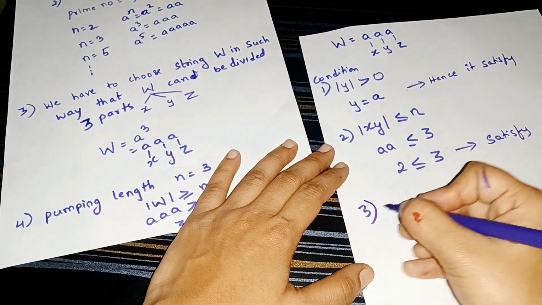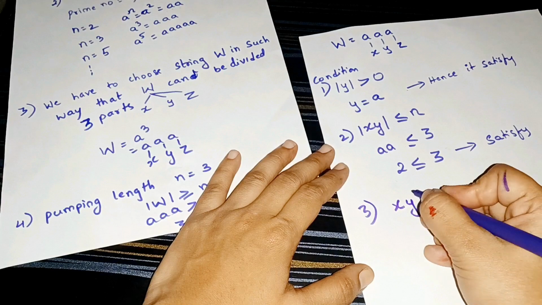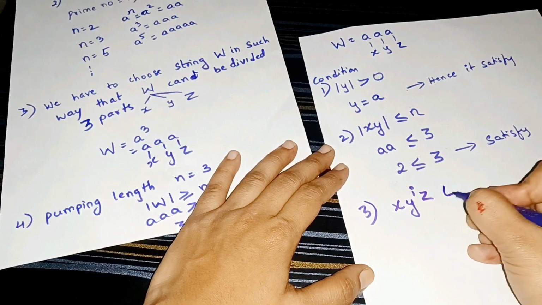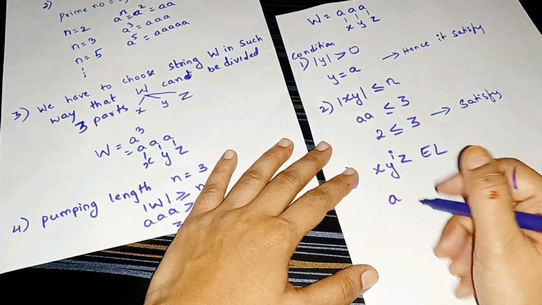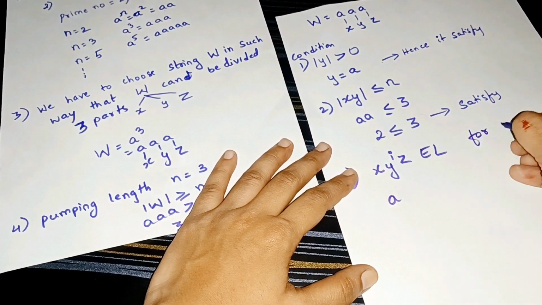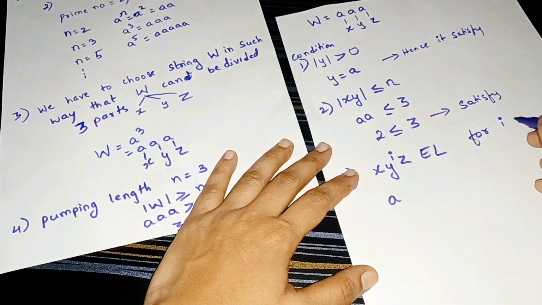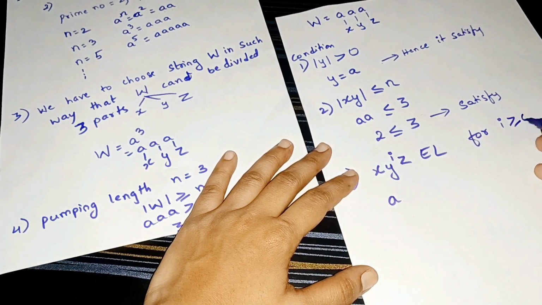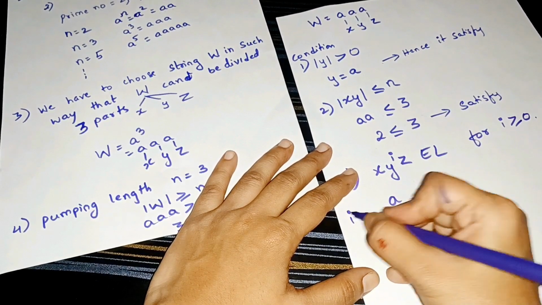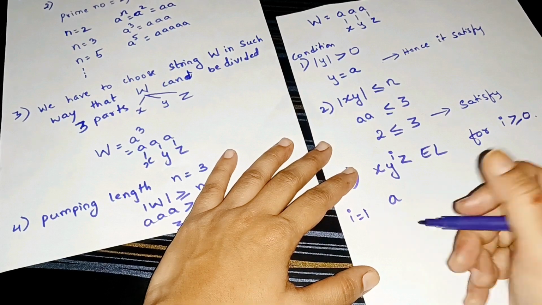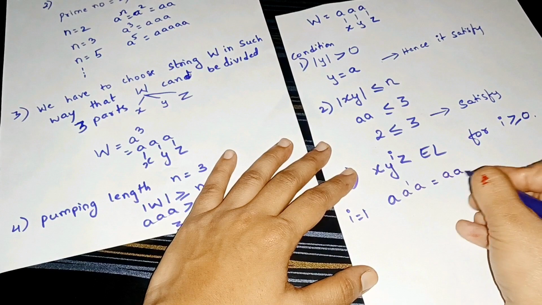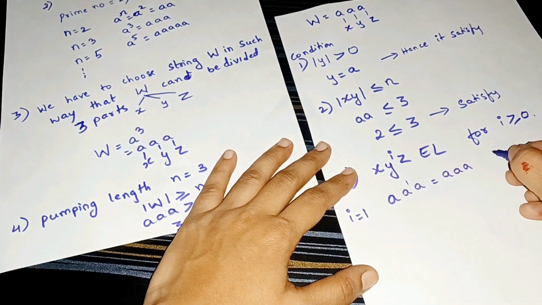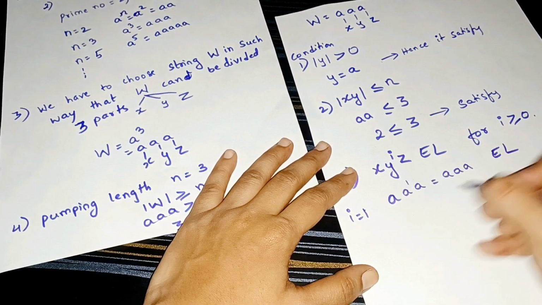And next, the third condition, that is xy raised to power i z belongs to the language. For some i it won't belong. How do we check? For i greater than or equal to 0, we start with i equal to 1: a cube belongs to the language.